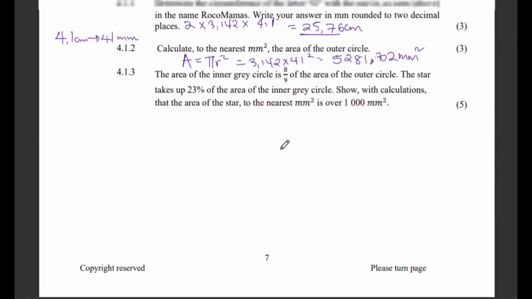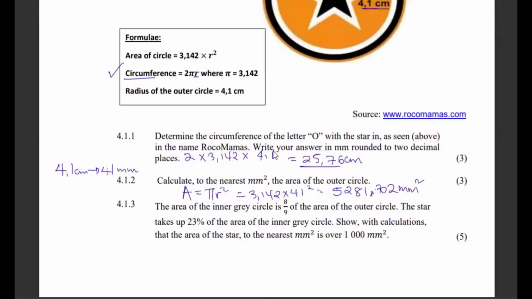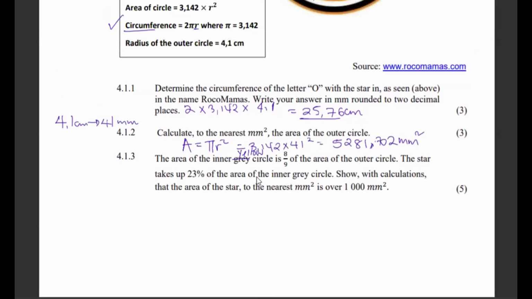4.1.3. The area of the inner gray circle, it's not supposed to be inner gray. This is the yellow part here. All right, let's look at that. They're telling us the area of the inner circle, that yellow part, is 8/9 of the outer circle.